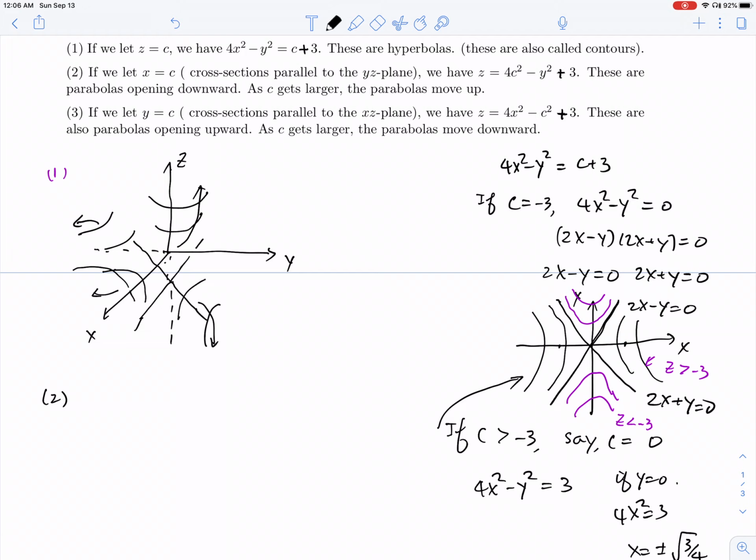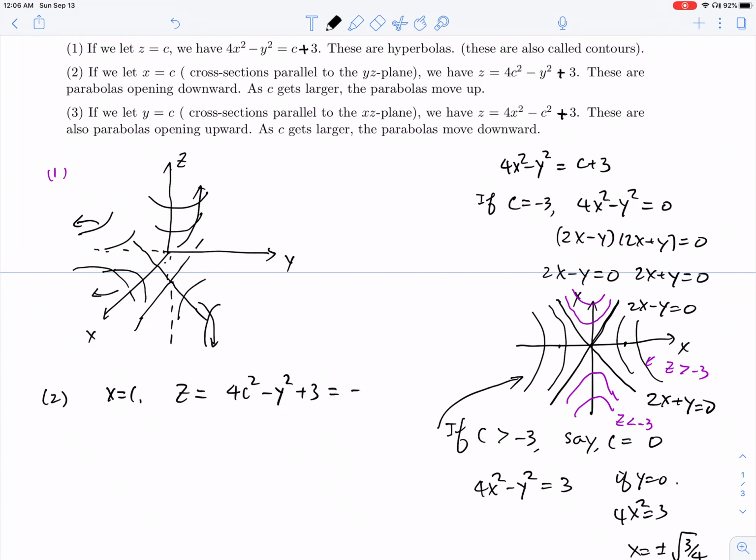Okay, so let's use x is equal to c. That means we're going to cut back and forth, right? But this time, because x is fixed, so x is equal to c, then we have z is equal to 4c squared minus y squared plus 3.